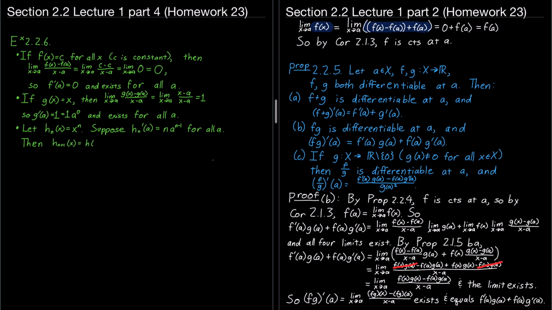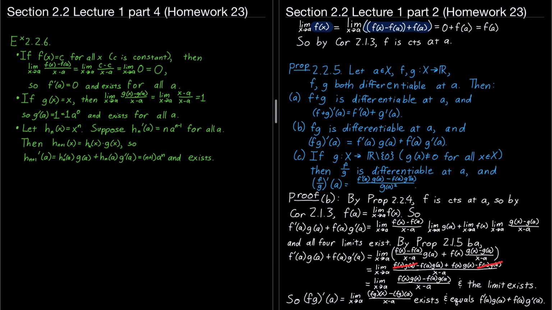That's h_n of x times our function g of x. g of x is x in the last example. h_n and g are both differentiable, so h_{n+1} prime exists, and it equals h_n prime of a times g of a, plus h_n of a times g prime of a, and if you work out what all those come out to, you end up with (n+1) a to the n.